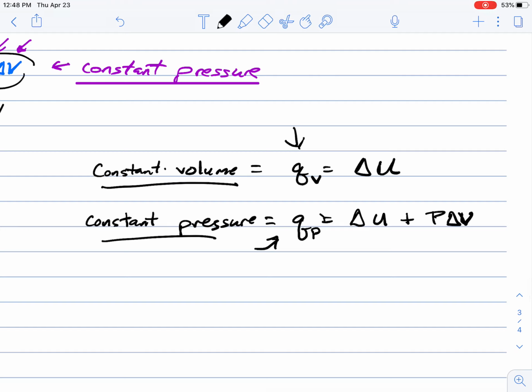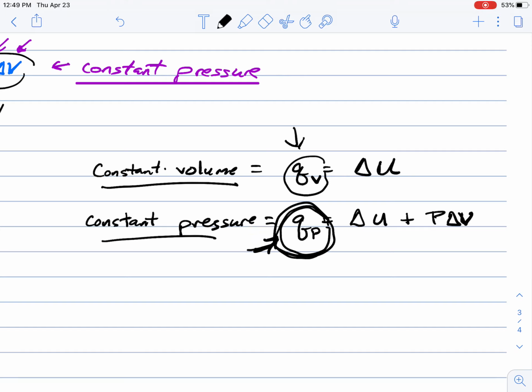That way we don't confuse the Q's, because whenever we say Q, it doesn't necessarily imply the condition. One way that we can separate the definitions between heat calculated under constant volume and heat calculated under constant pressure is by creating a new expression for QP.